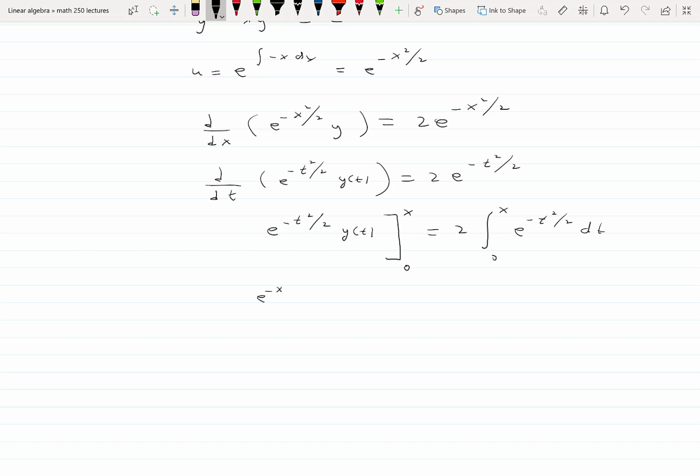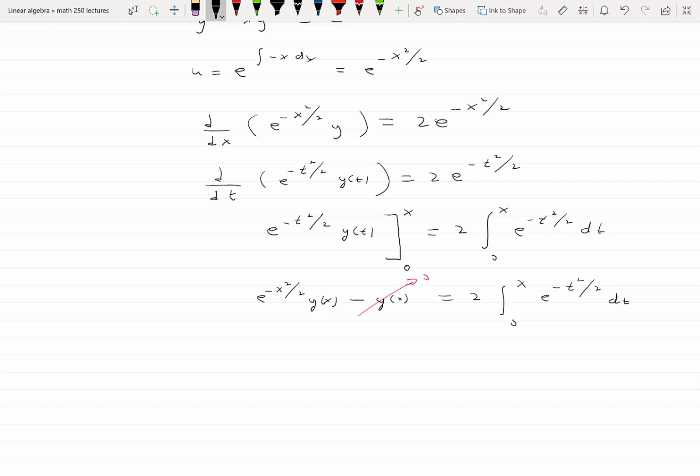On the left-hand side, if you use the fundamental theorem, substitute the upper limit of integration, then the lower limit, e to the 0 is 1. I integrated from 0 to x, and not from 5 to x, or 7 to x, or pi to x, because I'm given the initial condition at 0. y of 0 was 0, so in this case we're off the hook for that.